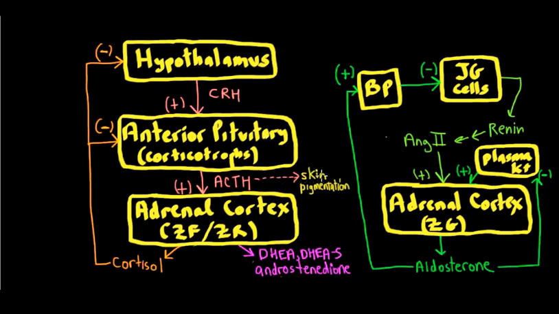Now there's one other little thing that we have here that's clinically relevant. ACTH structurally has a string of amino acids that's very similar, or really identical, to alpha melanocyte stimulating hormone.